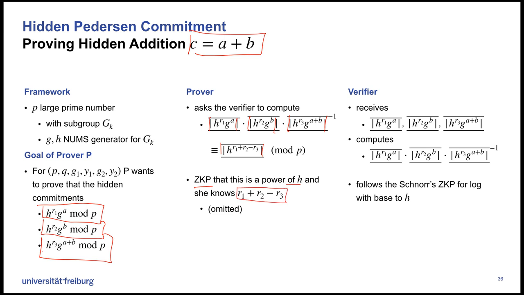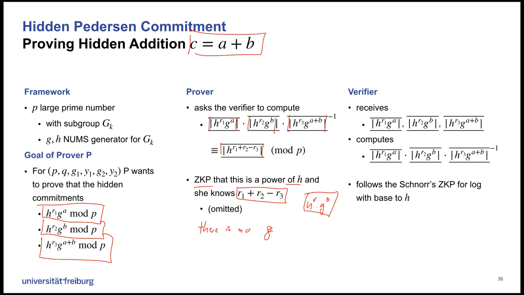It doesn't matter what's in the exponent. There are three random numbers anyway, but it proves that there is no g, that this is h to the r times g to the 0. That's what we prove here, by taking the two commitments, dividing by the third one, and then we get this one.